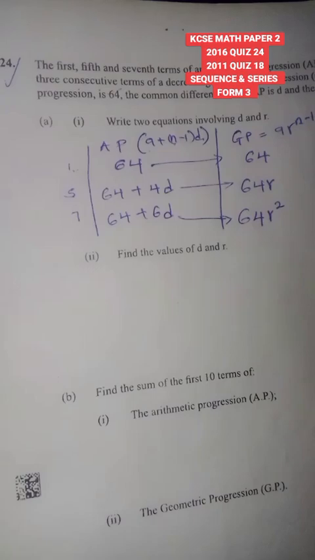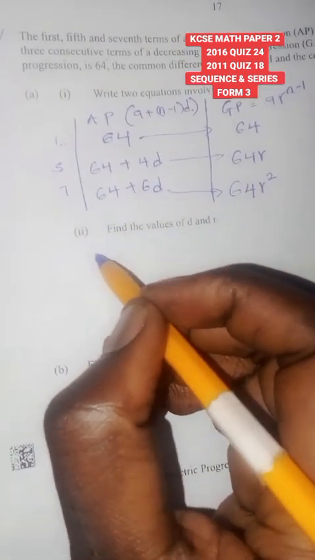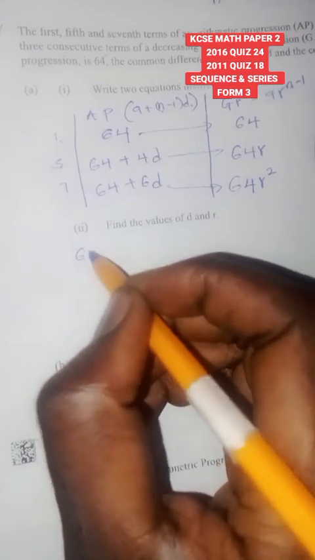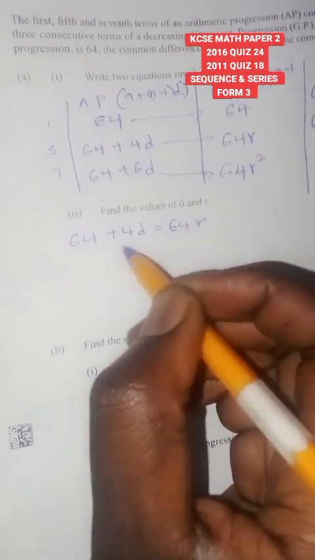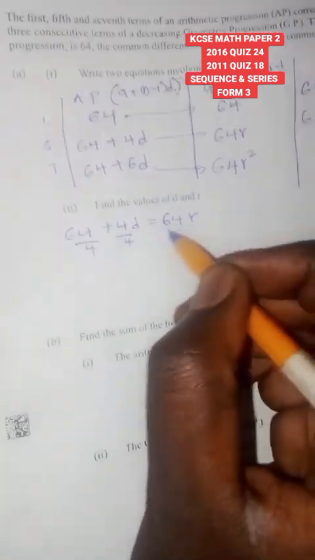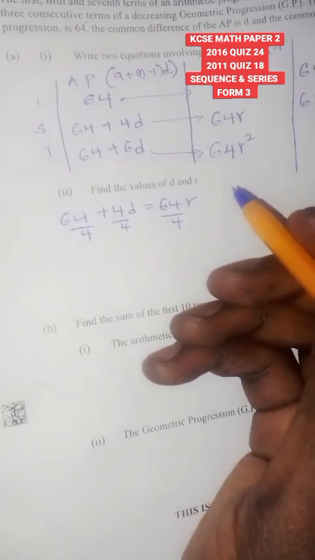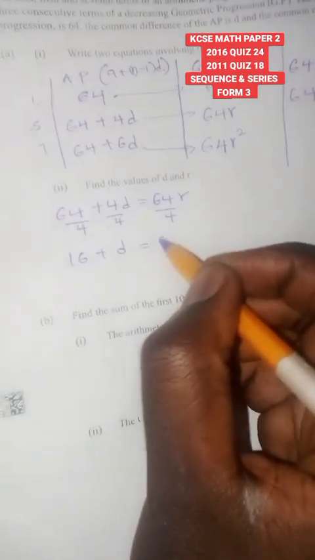Quite simple. We are going to take the first equation here. Then we say 64 plus 4d is equal to 64r. I divide both sides by 4 just to make the equation smaller, so that I'll be having 16 plus d is equal to 16r.